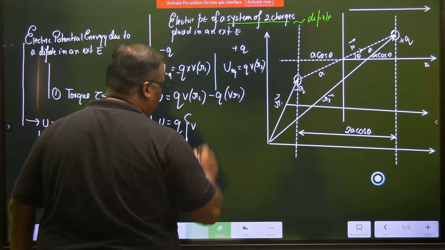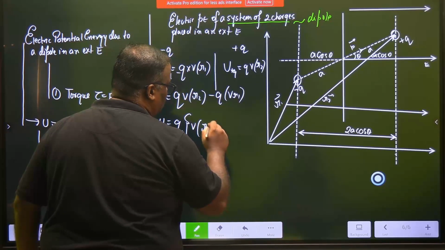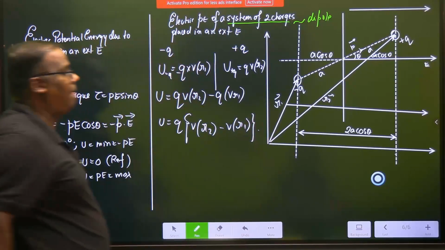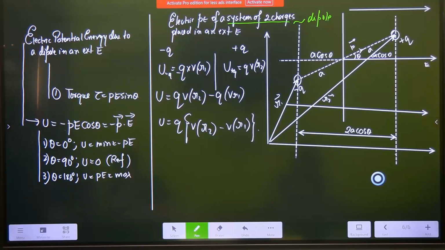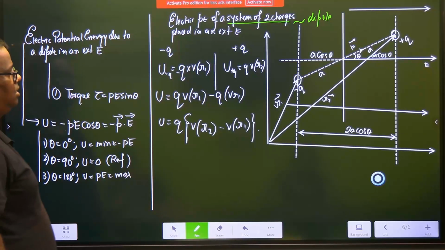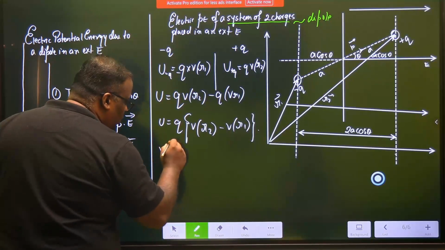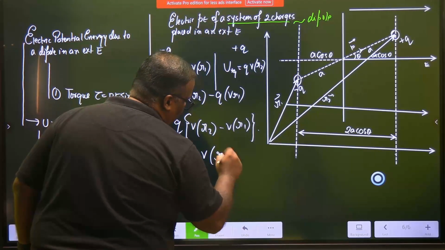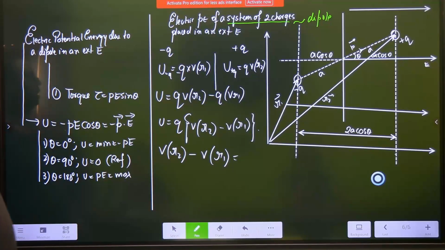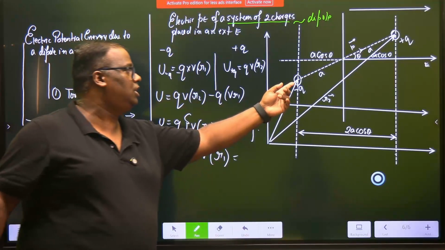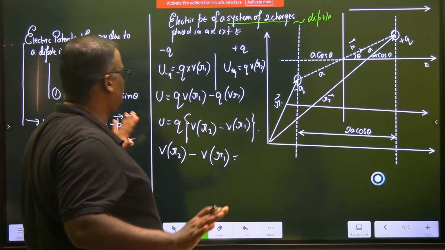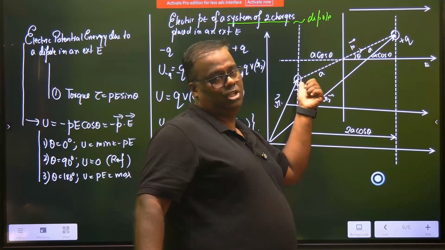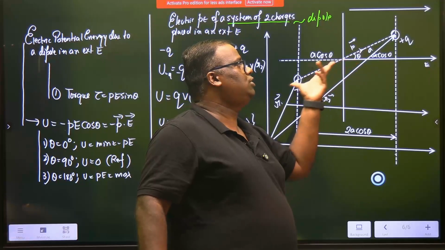So let's calculate what is V(R2) minus V(R1), the difference of potential at two points. V(R2) means the potential here, and V(R1) means the potential here.